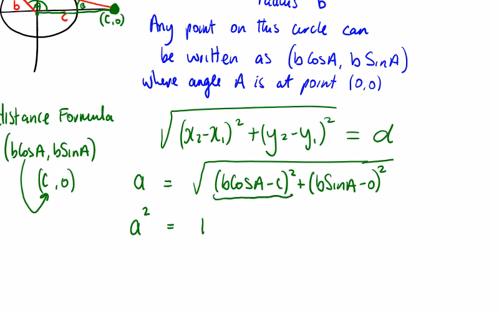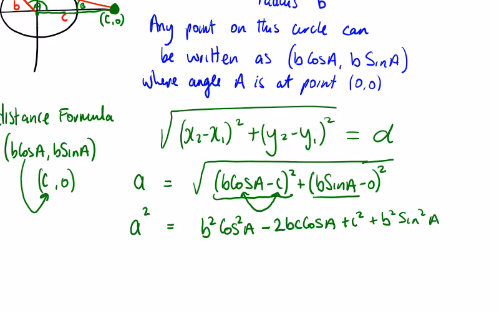So it's b cos a by itself, which is b squared cos squared a, and it's going to be b cos a by minus c twice, so twice b c cos a. That's this one by this one 2 times, and then we're going to have minus c by minus c, which is plus c squared. We're also going to have this one to be squared, which is plus b squared sine squared a.